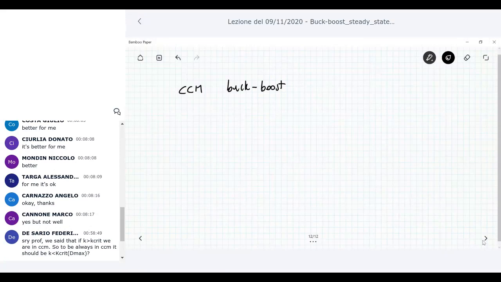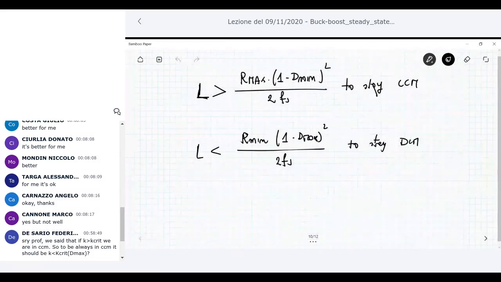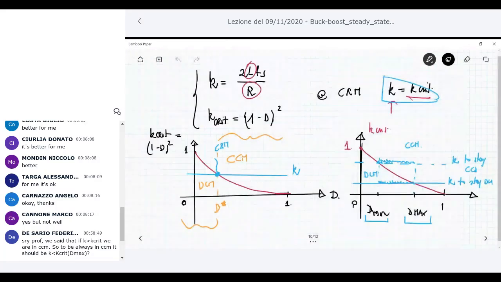Federico: Sorry, Prof. We said that if K is larger than K critical, we are in CCM. So to be always in CCM, it should be K less than K critical maximum. Let me again discuss this point.